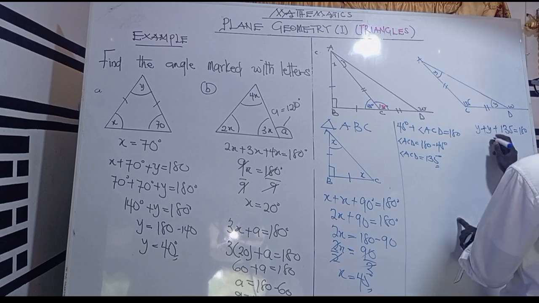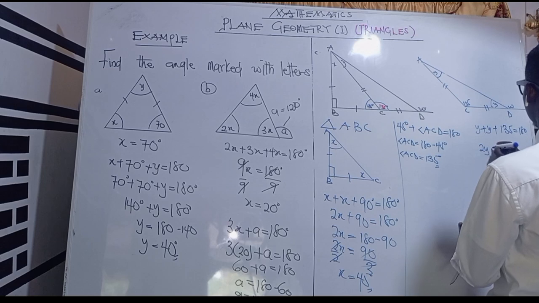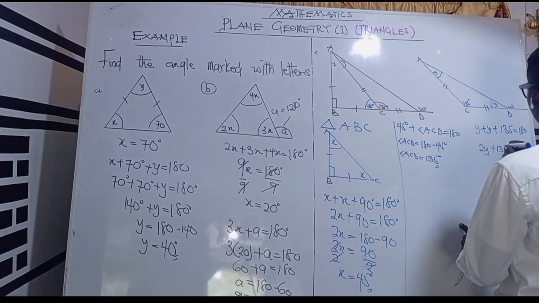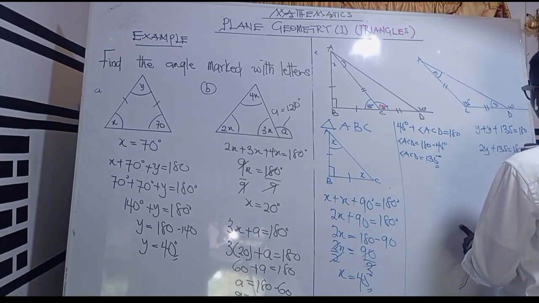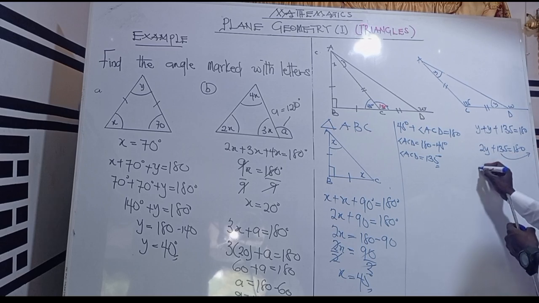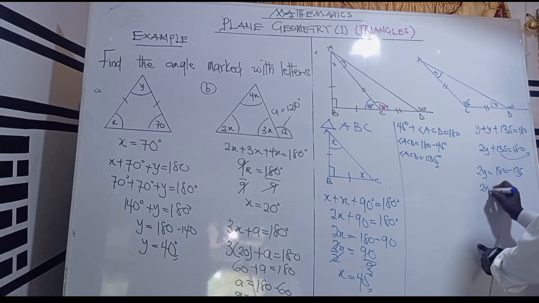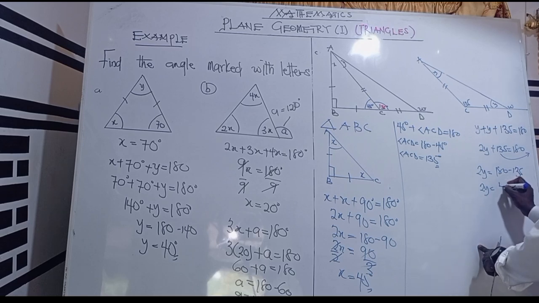So we know that y plus y will give us 2y plus 135 is equal to 180 degrees. Now the next thing we are supposed to do is to find the additive inverse of 135 or transpose 135 to the other side of the equation. This is simple algebra. So we have 180 minus 135. So we have our 2y is equal to 45.